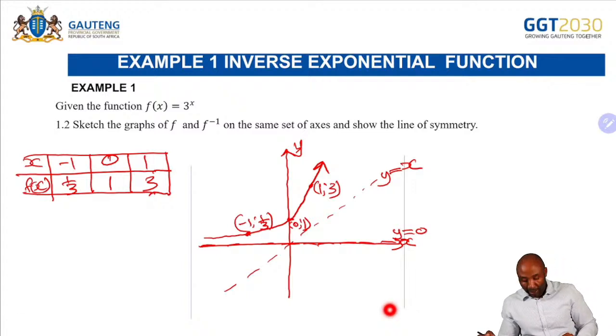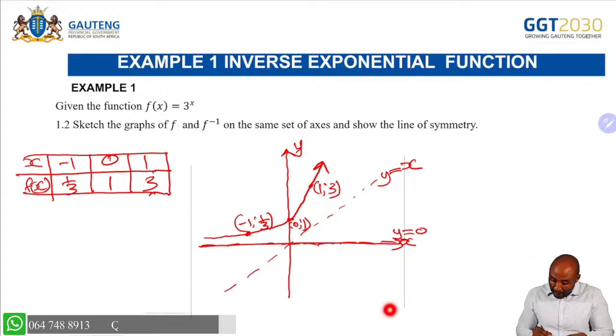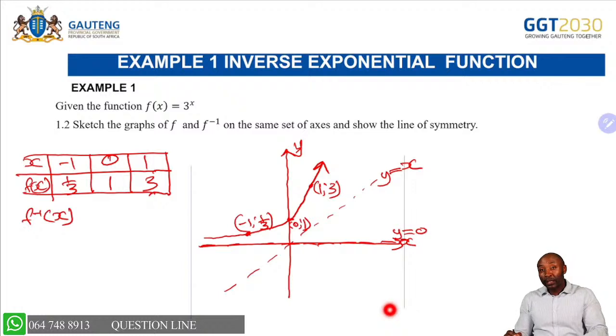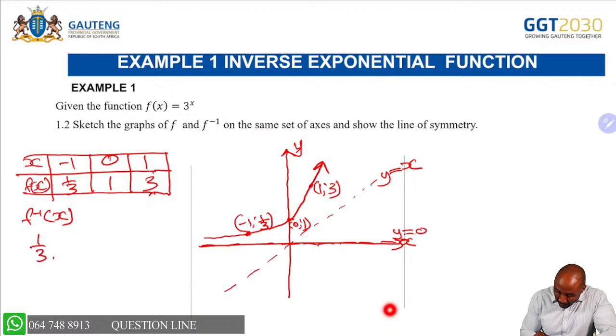Remember, we said for our f inverse, I can use the 3 points to sketch my inverse function now. x and y swap position, so it means I have a point with coordinates (1 over 3; negative 1).